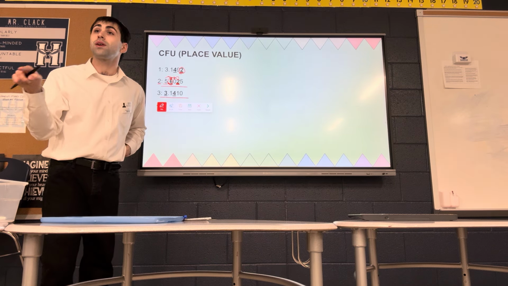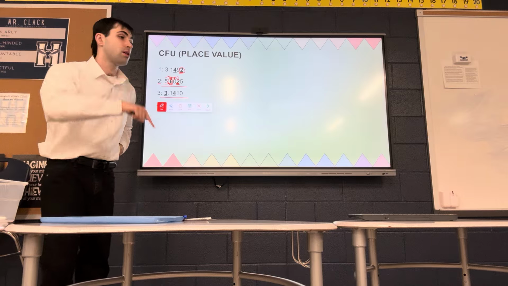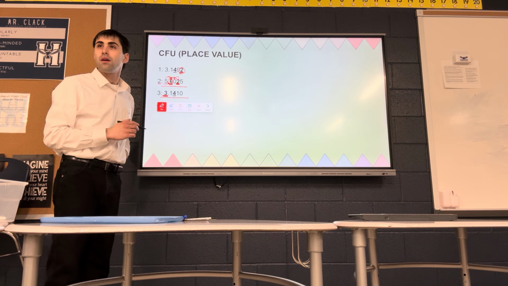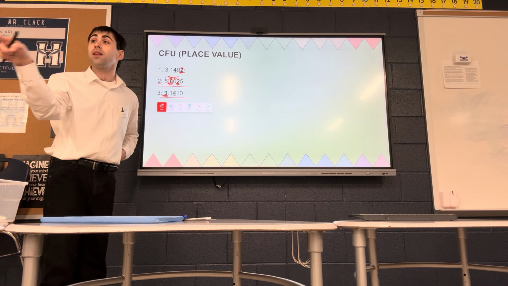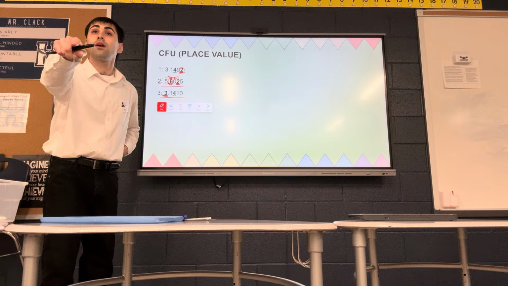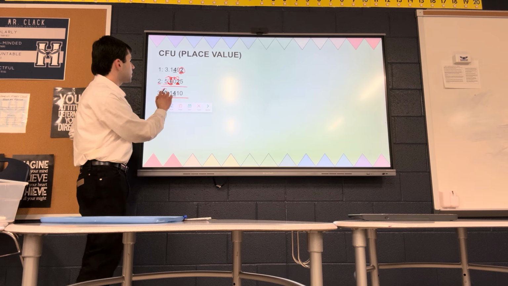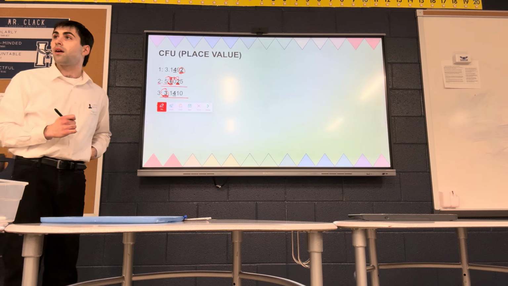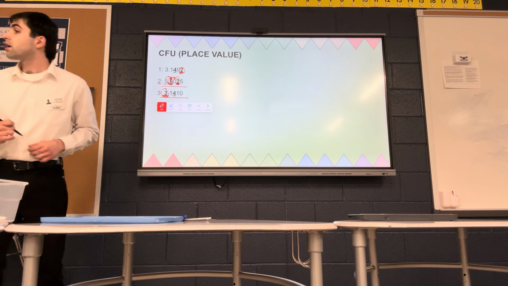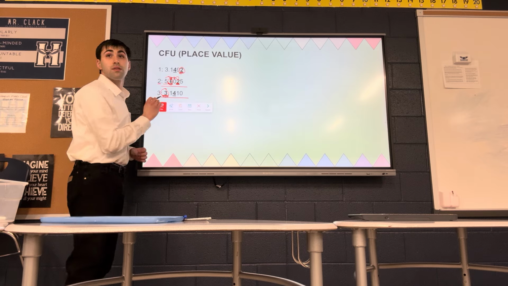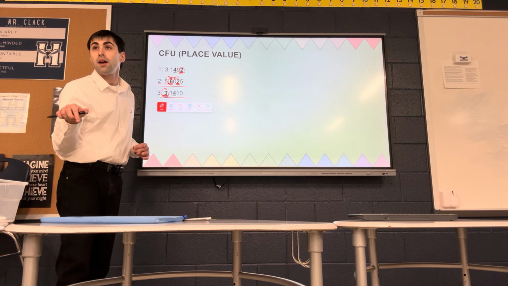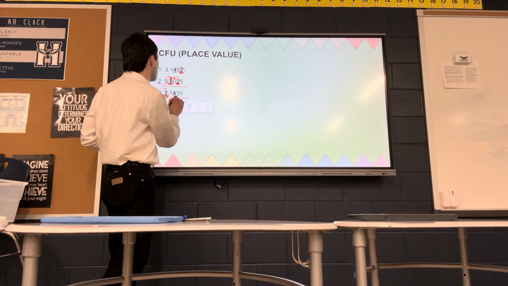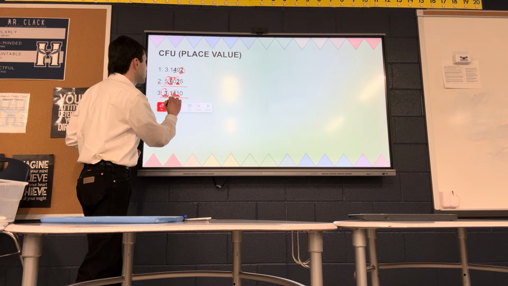And last one. Make sure to write it down on the paper. What would this number be? Write down the place value of this 3. Is everyone done? Make sure to put it down on the paper. And then, last one, place value of this number 4, right here.